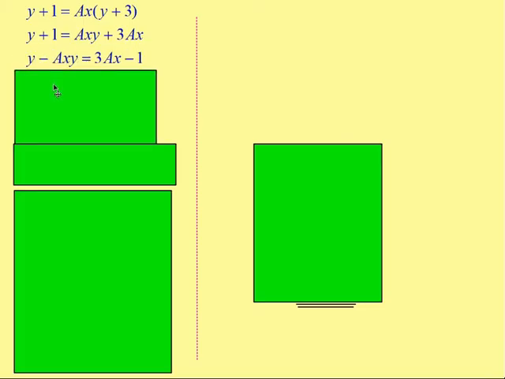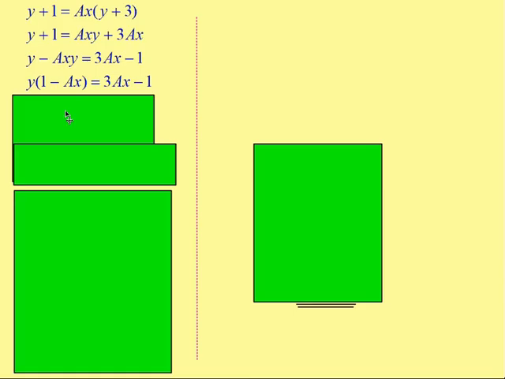So doing that, we will have y take away axy, and if we subtract 1 from both sides, we'd have equals 3ax take away 1. After that, you can see you've got y here and you've got y here, so we can take it out as a common factor. So we have y times 1 take away ax equals 3ax take away 1.